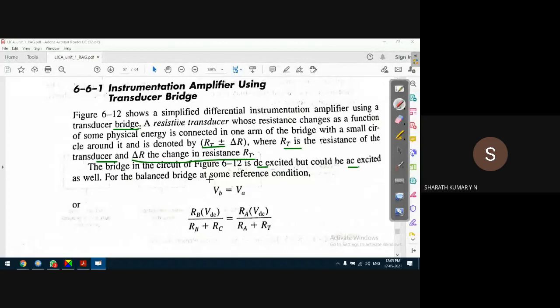For a balanced bridge at some reference condition, VA is equal to VB. Under balanced condition, the two voltages are equal, as we saw just now.